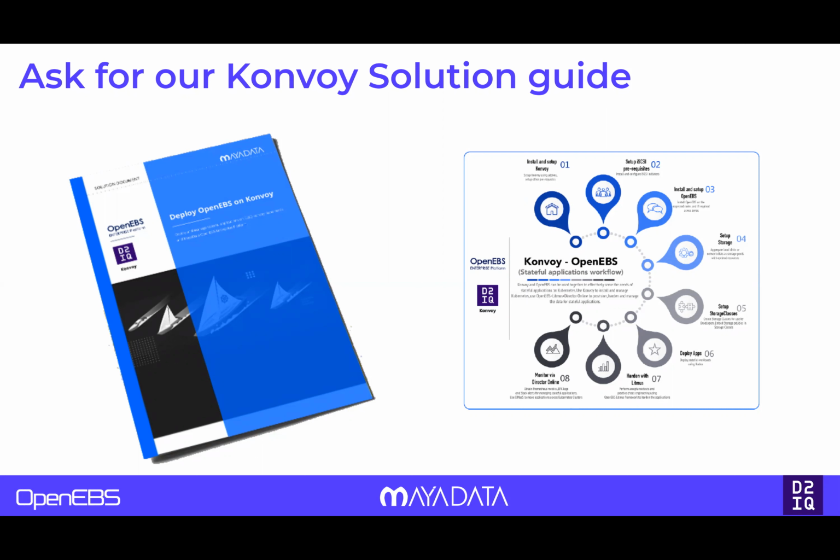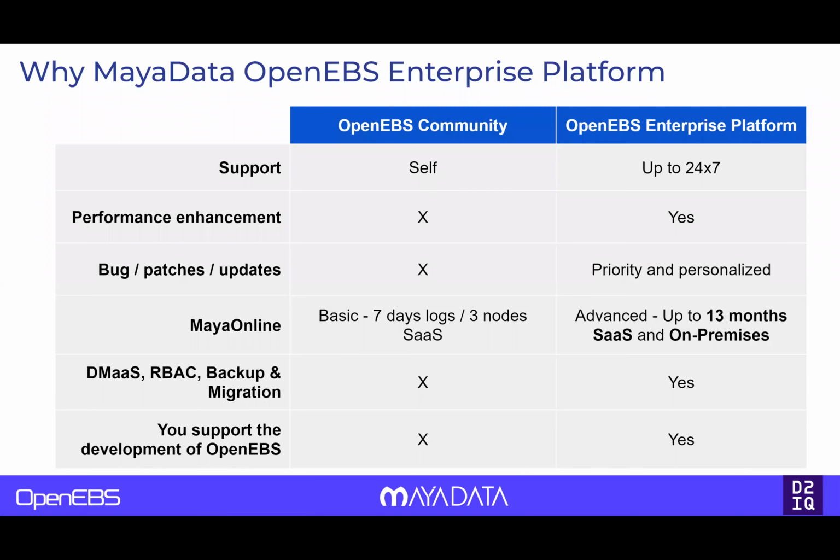It's going to be available through the resource section on the website, but you'll get a personalized link to download it. It explains all the steps needed to deploy OpenEBS in Konvoy and all the benefits of using OpenEBS in conjunction with D2iQ Konvoy and the other solutions in the portfolio.